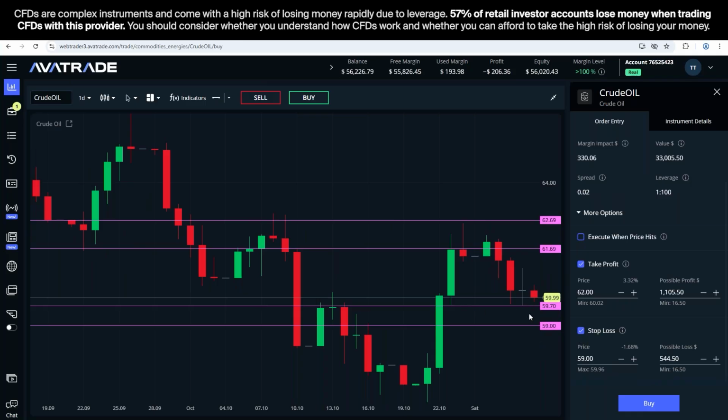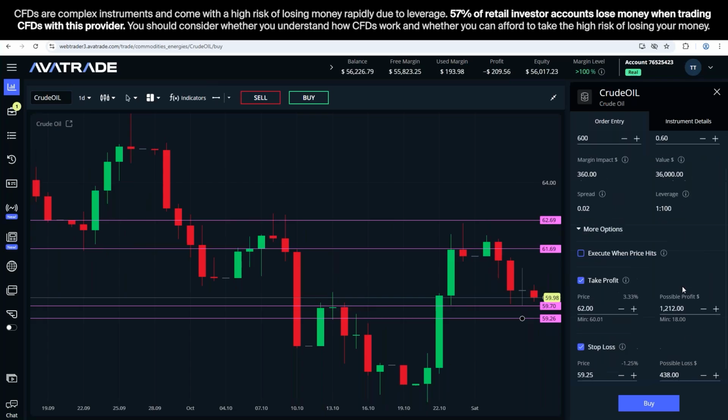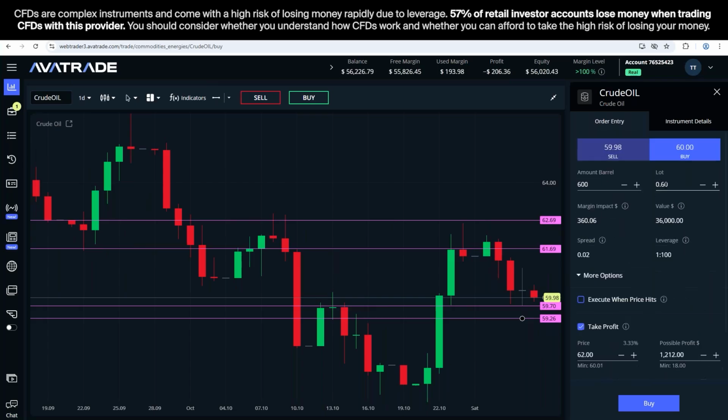You can play with your stop loss if you want a better ratio or if you want a larger potential profit. So if I say, you know what, if it breaks the support, I'm okay getting out at 59.5 or 59.25. Let's say 59.25. So now all of a sudden I'm risking less to that stop loss. I can take a larger trade. So I could go 0.6 maybe. And I'm trying to make 1,200, and I'm still only risking 438, so I can go 0.8.